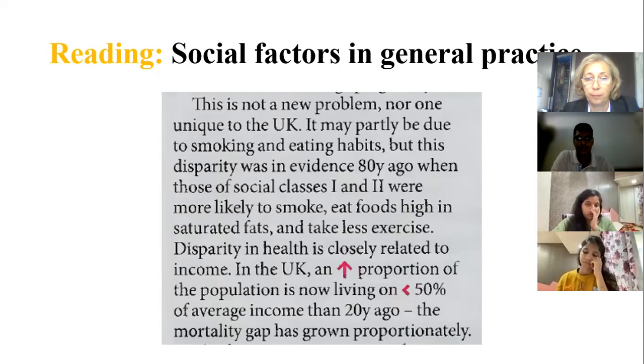Disparity in health is closely related to income. In the UK, a proportion of the population is now living on less than 50% of average income than 20 years ago. The mortality gap has grown proportionately.